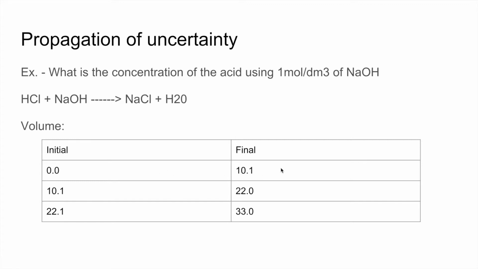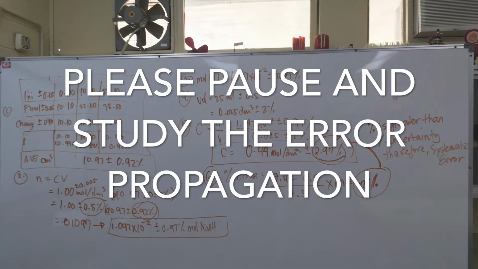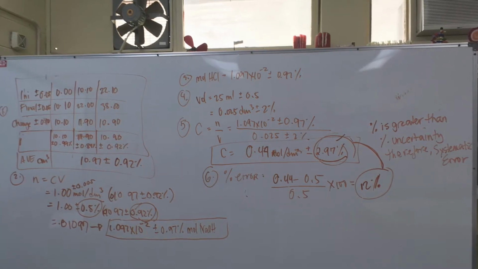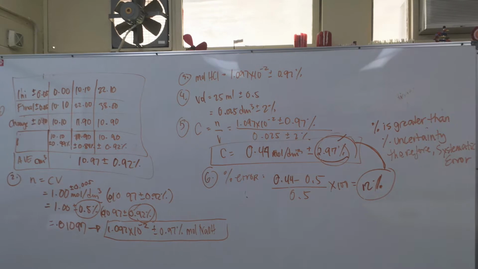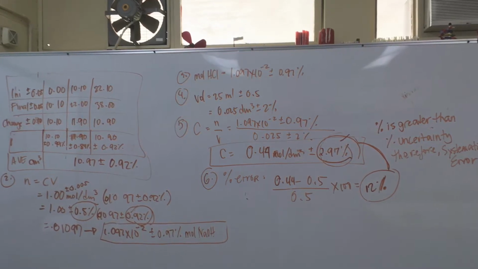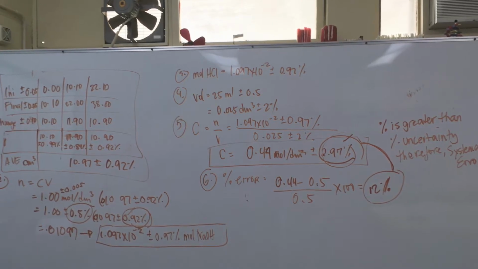Reading this has an error. And you do it 3 times, that's propagating errors. So let's do it the first time. So 0.0. I need your calculator. Initial. Plus minus 0.97%.